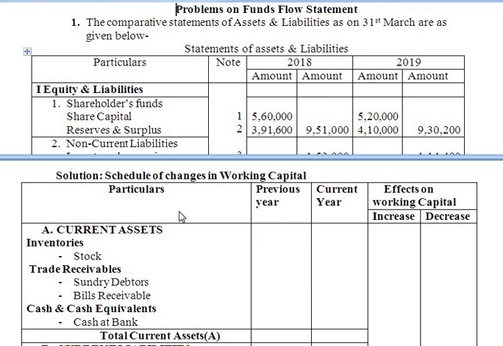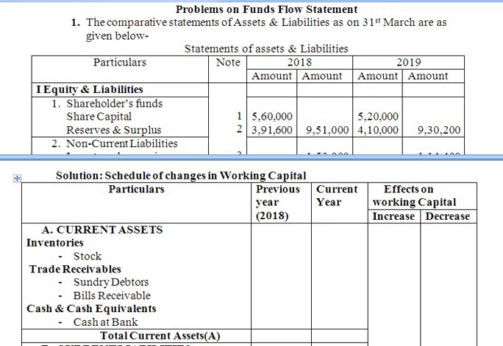In the first column you will be writing particulars, the second column is previous year. Here the year is 2018, and the current year is 2019.